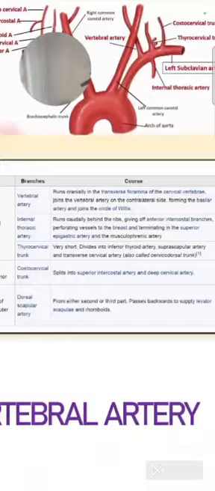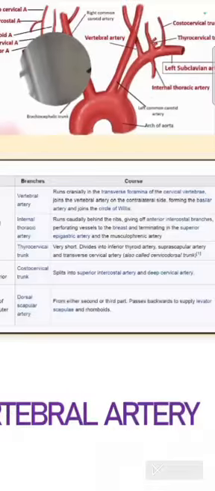So these three branches, the vertebral artery, internal thoracic artery and the thyrocervical trunk, all arise from the first part, that is from the origin to the medial border of scalenus anterior muscle. Now the costocervical trunk is the only branch that arises from the second part, which lies just behind the scalenus anterior.